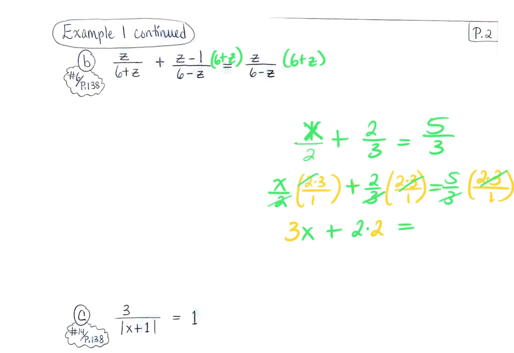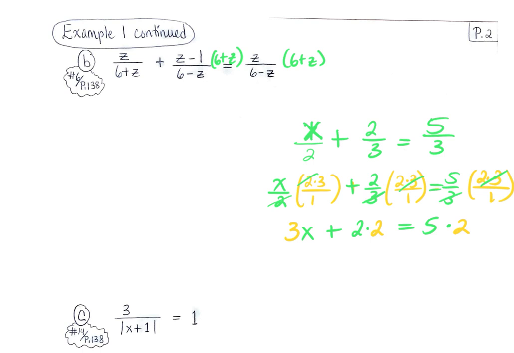The 3's cancel, leaving us with what? 5 times 2. Notice that we eliminate the fractions. Same thing up here. You have 6 plus z in the denominator, 6 minus z in the denominator here and 6 minus z in the denominator here. We're going to multiply each part by what?